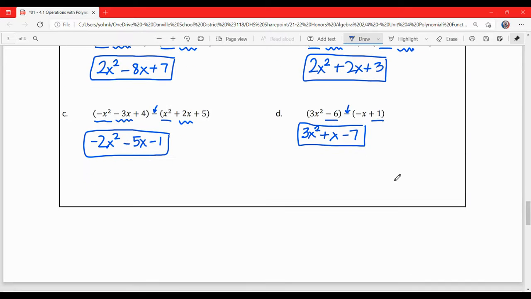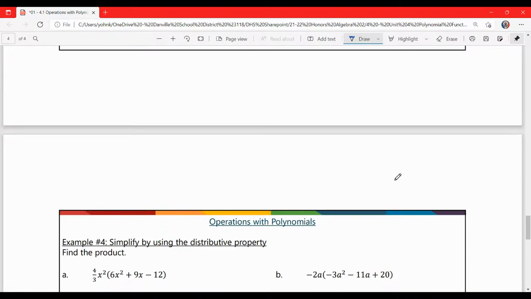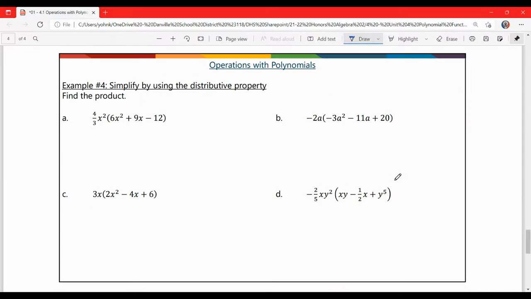Okay, well, we can do some multiplying now. These directions say to simplify by using the distributive property. Notice in each of these examples, you have a polynomial inside of the parentheses and some monomial on the outside of the parentheses. To multiply a monomial by a polynomial, you distribute.